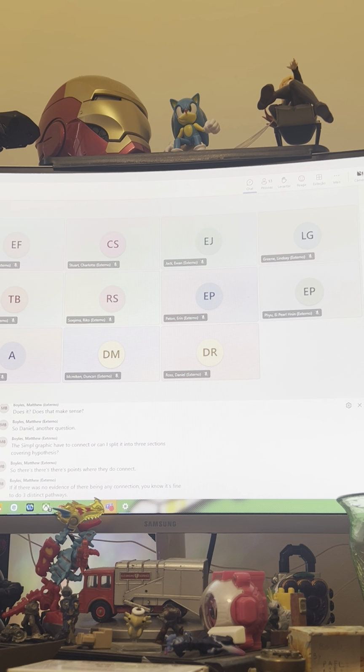But if there are connections, it's important to represent them. There's a good infographic that you can share as an example. There are a number of examples on Moodle of infographics to have a look at.